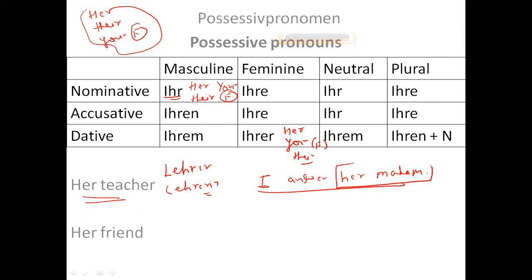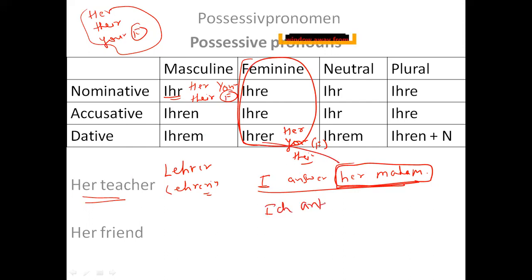So madam is feminine, right? So the answer has to be from here, right? So here is antworte. Now antworte is a dative verb, hence it has to be dative. So ihrer and then Lehrerin, right?